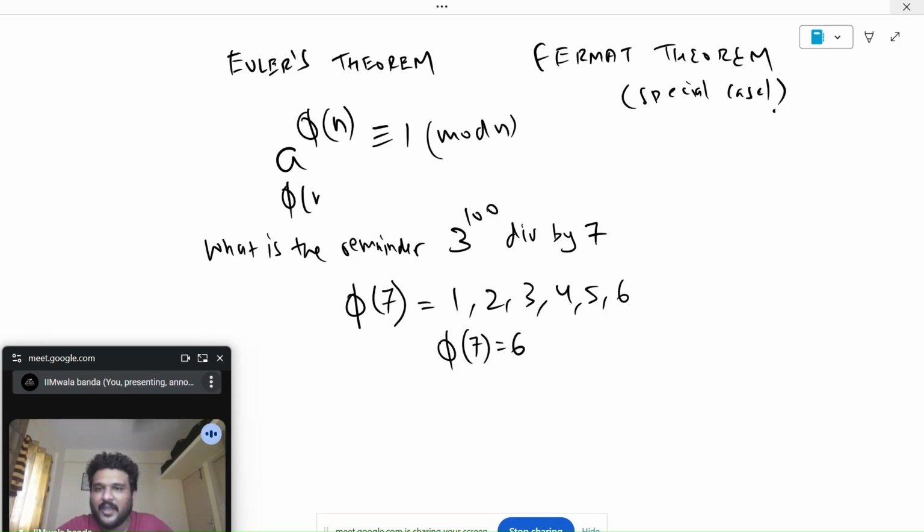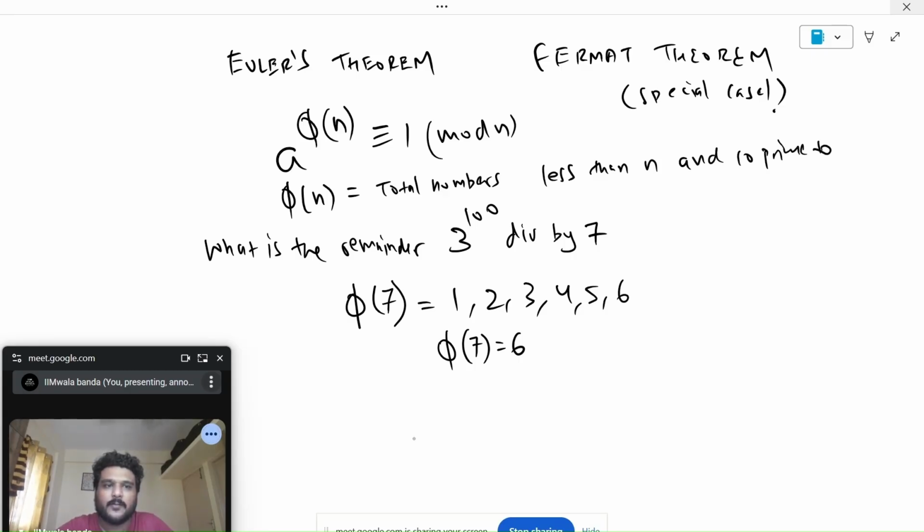So phi of n is basically the total numbers less than n and co-prime to n. All right. So here I can say that for any prime number, it is always n minus 1. So phi of n will always be n minus 1 if n is prime.